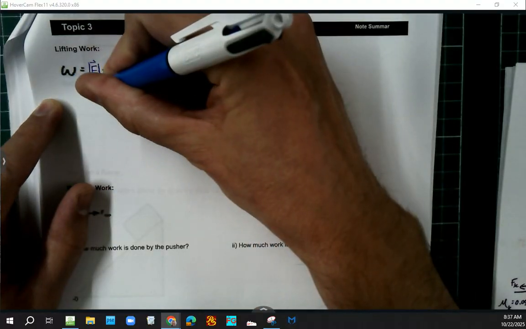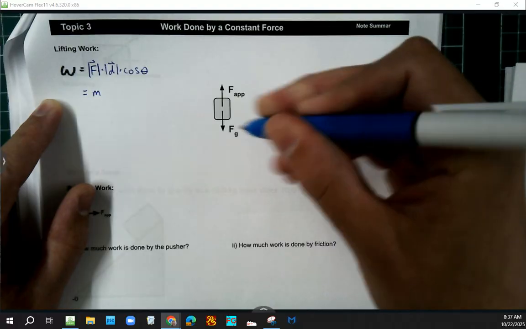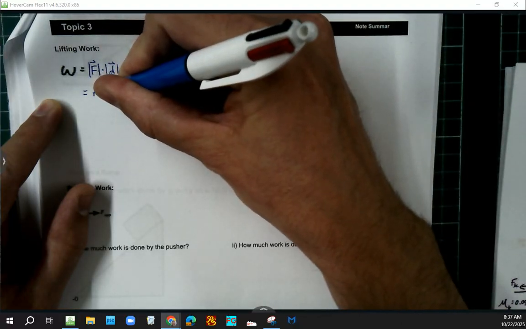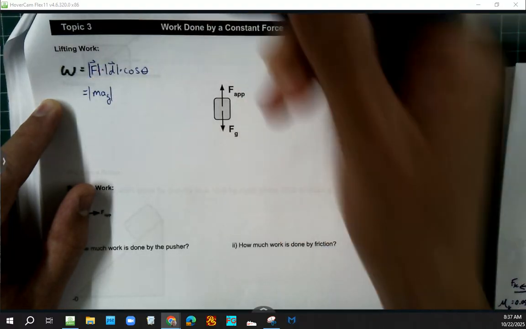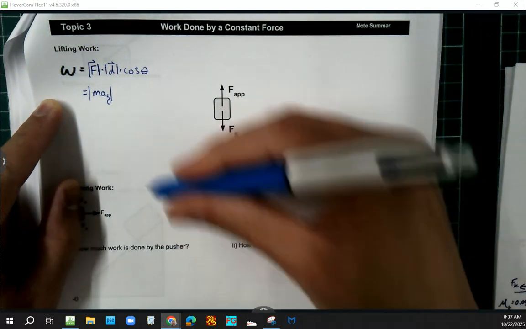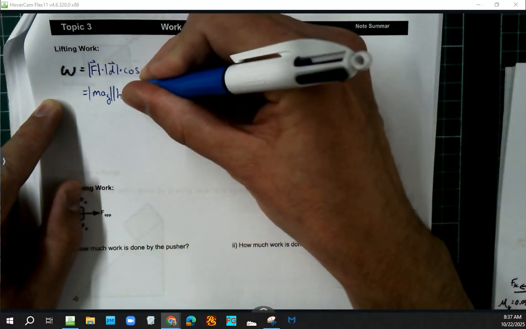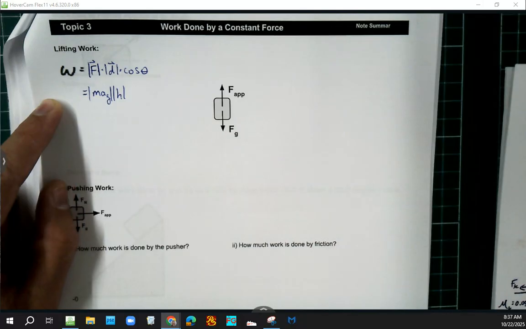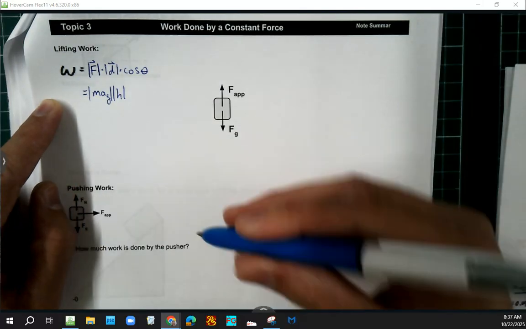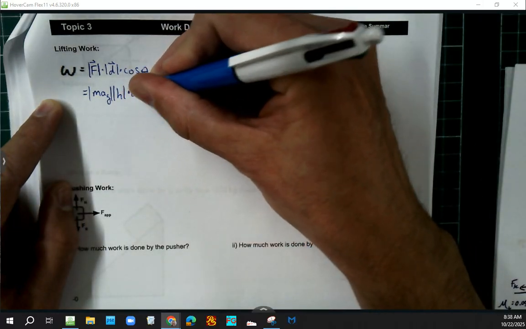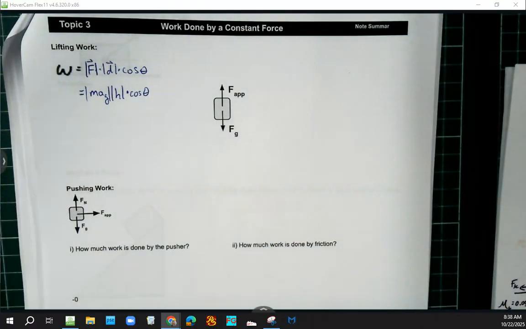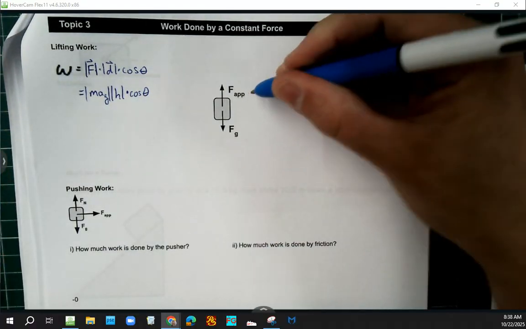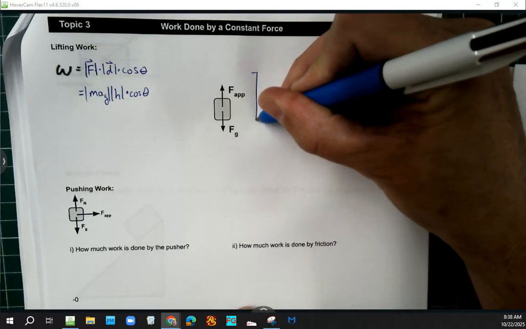Anyway, if I expand this out, if I was lifting an object up, I would talk about the force that I would have to apply in order to lift it as the magnitude of mass times acceleration due to gravity, and the displacement would be the height to which I lift it, if I define the original height as height 0, times cosine of theta. Now let's think about what the cosine of theta means. Let's give ourselves another little illustration here.